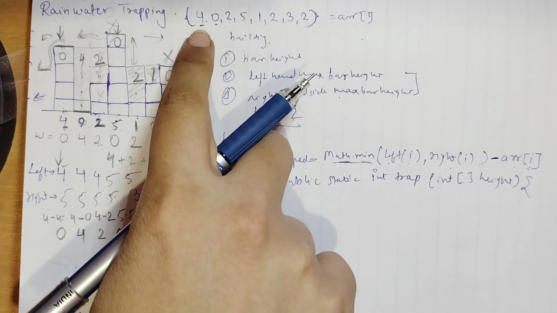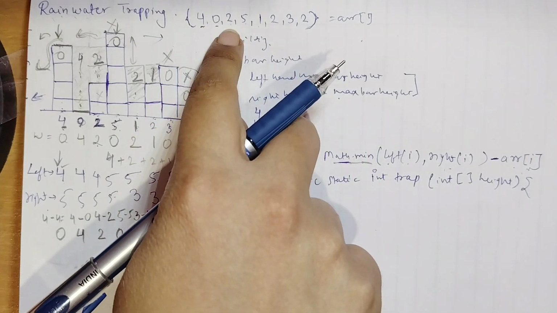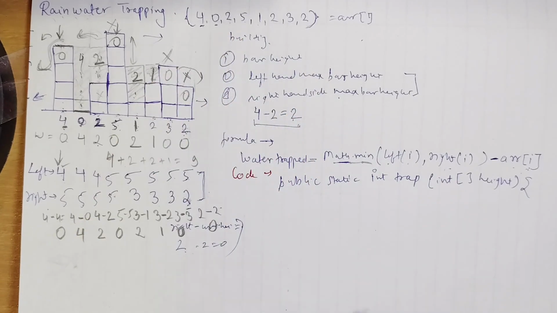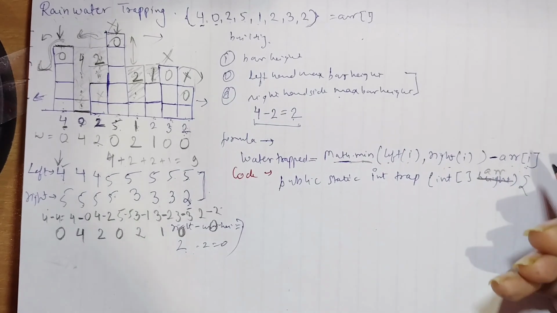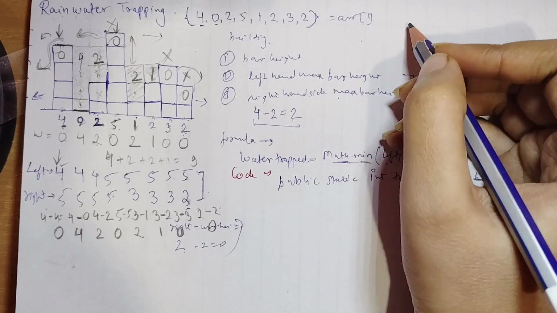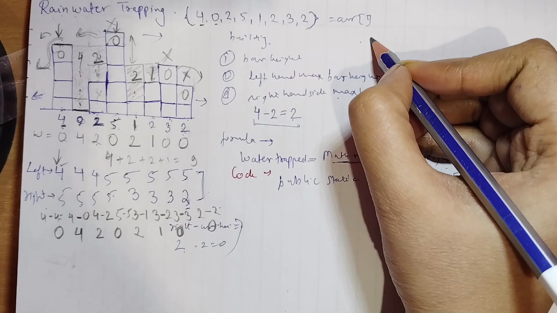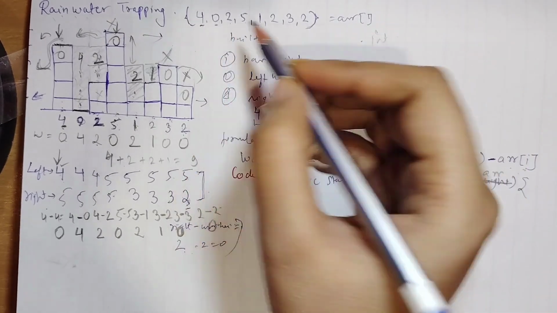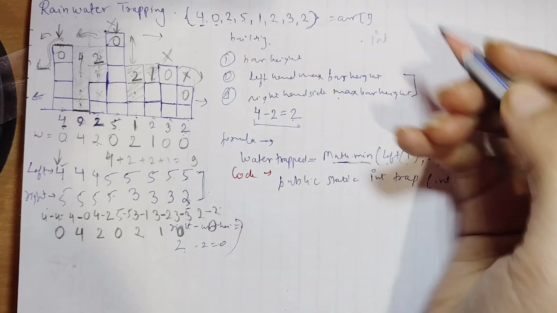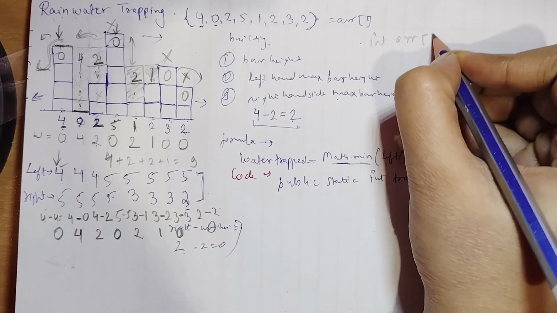Height is our array, each bar height, which we will pass from our main function, which I will tell you later. Or we can name it arr also, ARR, because in the main function when we give input, we can give it as int. Its type will be int because these are integers, the heights of our bars.